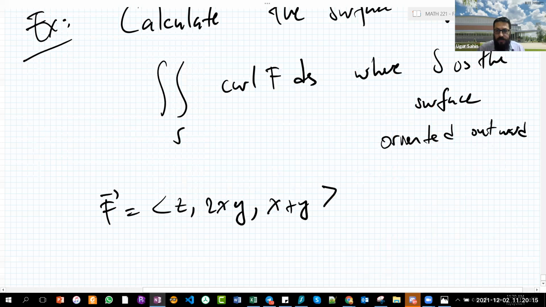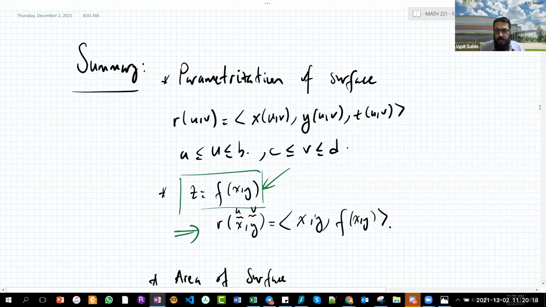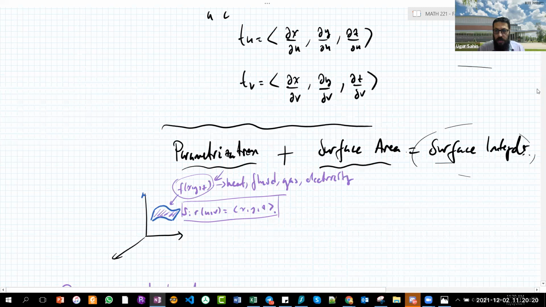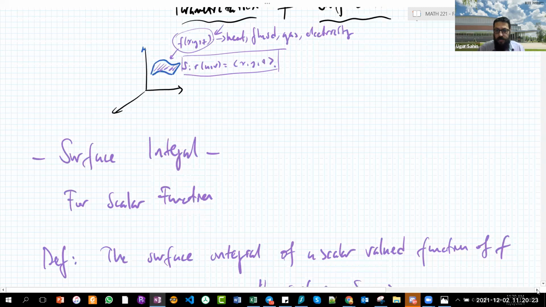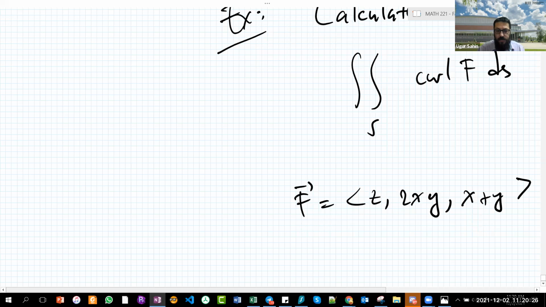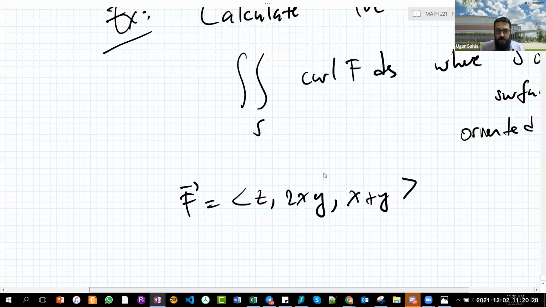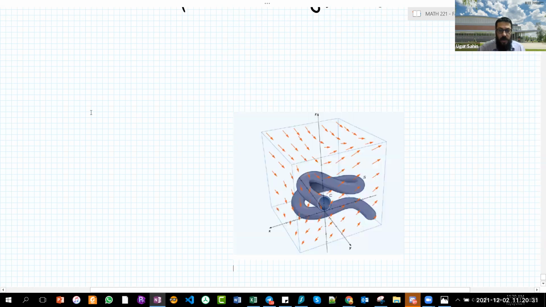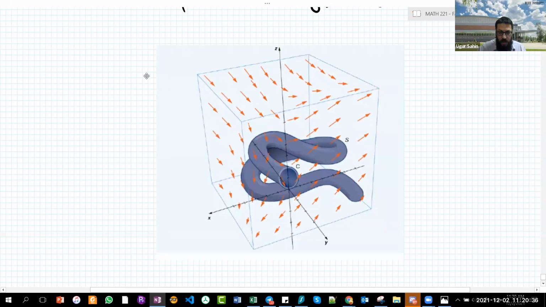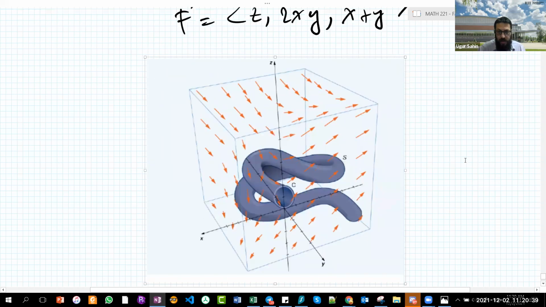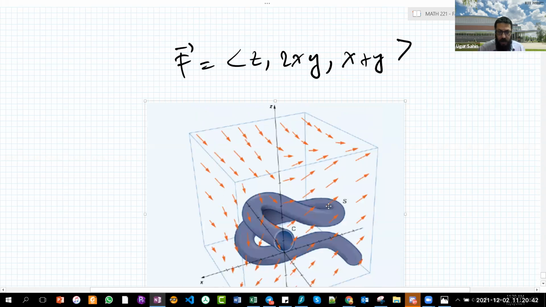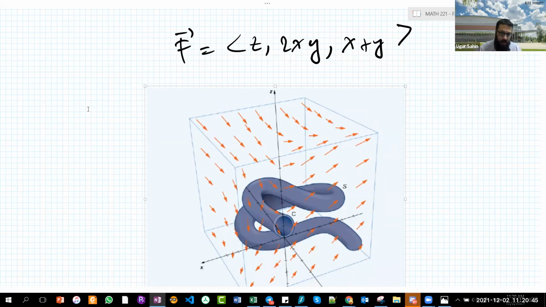All right. This is the surface, guys. And look at the vector field around the surface. It might be heat flow, it might be electricity flow. This is kind of a manifold in engines, you might think, or some other materials.